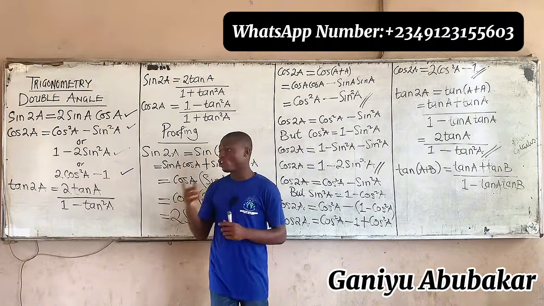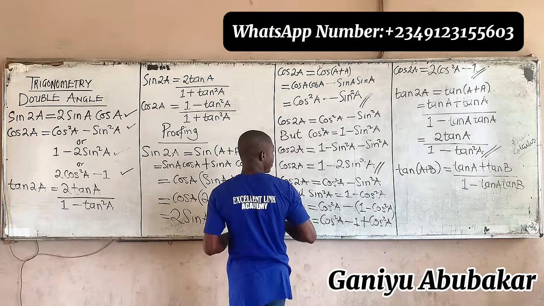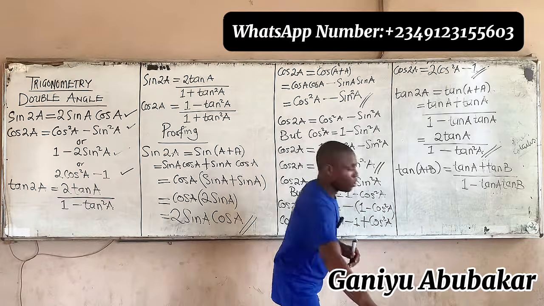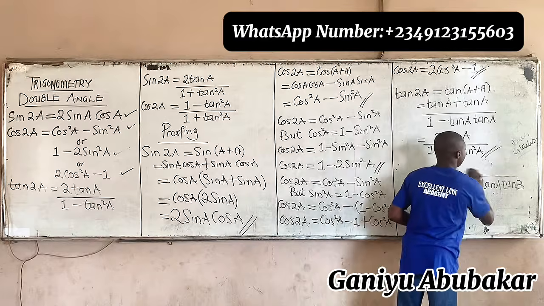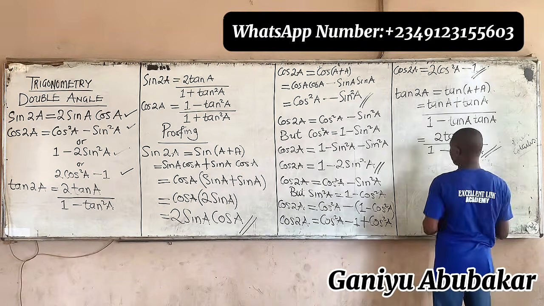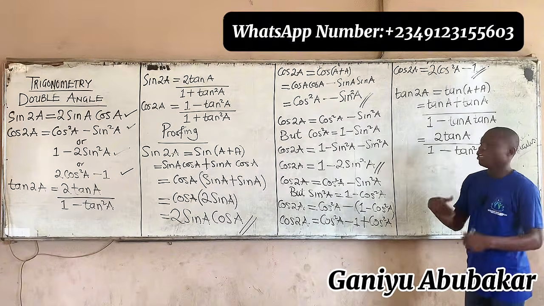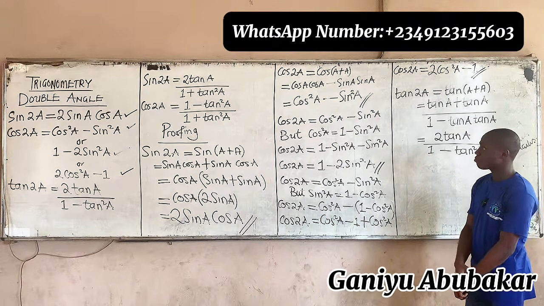So look at the half range formula. All right, at this point now, let's do how we can express sine 2A in terms of tan, and let's see what we get.